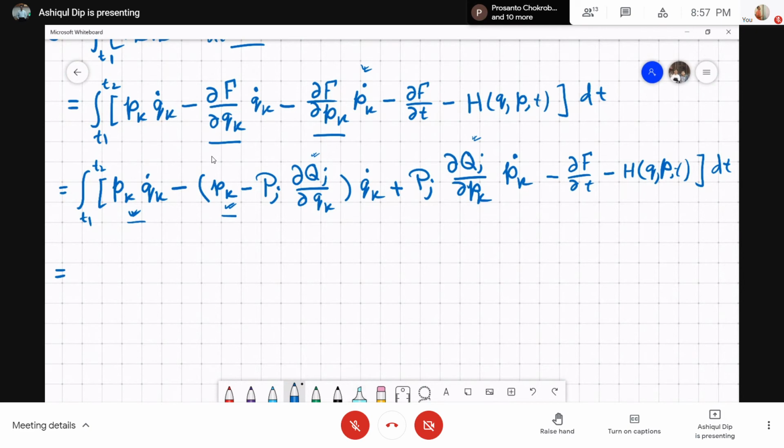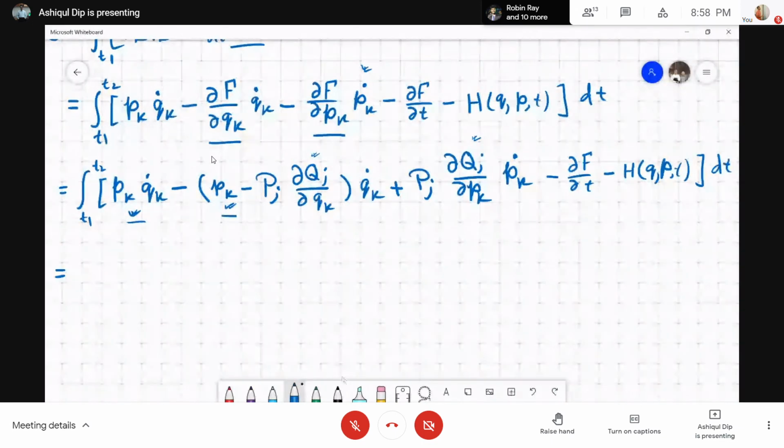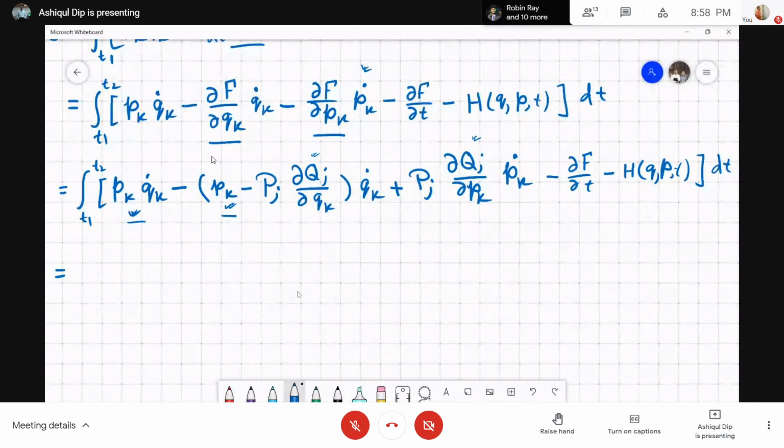Are you guys following me here? Were you able to follow this? Okay, so these two terms cancel out, that's for sure. Then we can write the third term directly. So the third term has this minus sign, and that minus sign gives you a positive. So we end up having P_j del big Q_j by del small q_k, q_k dot.